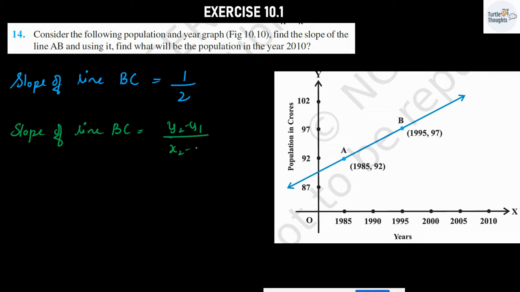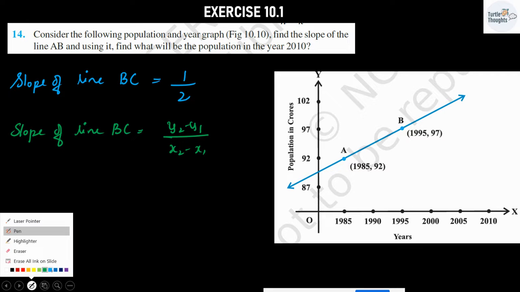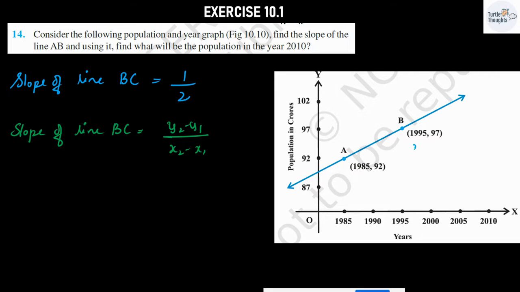Now let me consider this point B to be x1 and y1. Here I have taken the point C as x comma y. X is nothing but the year, and they have already given the year, so it will be 2010 comma y. We need to find out the value of y.